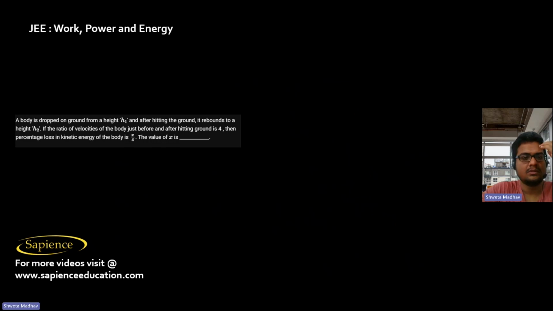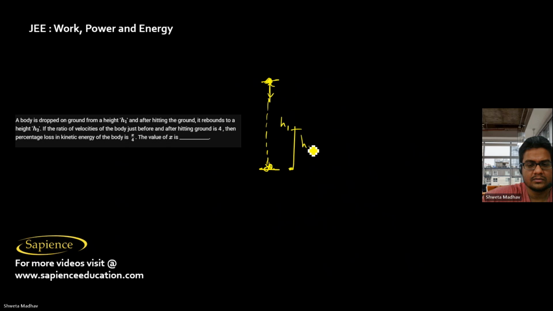Then here it is told, a body is dropped on the ground from a height h1. After hitting the ground, it rebounds to a height h2.